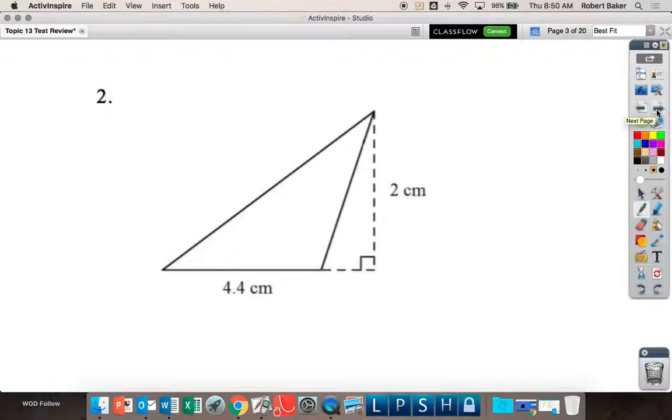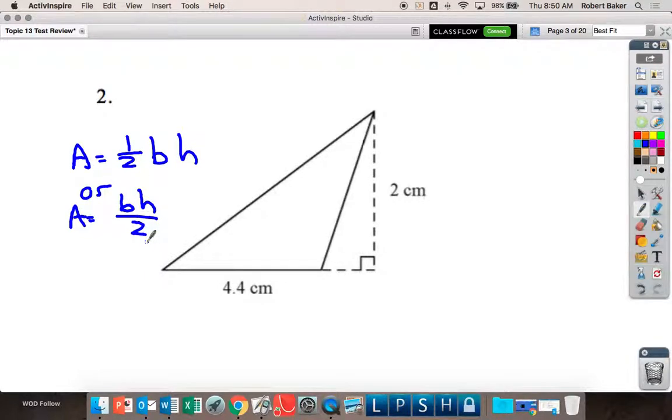All right, number 2, finding the area of a triangle. What's the formula for area of a triangle? Whichever one you like. So, how long is the base?